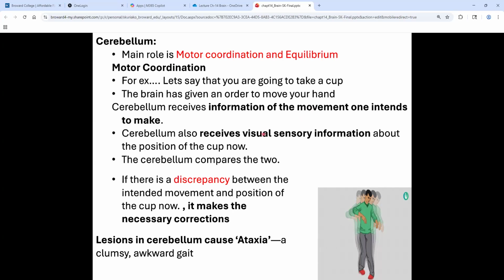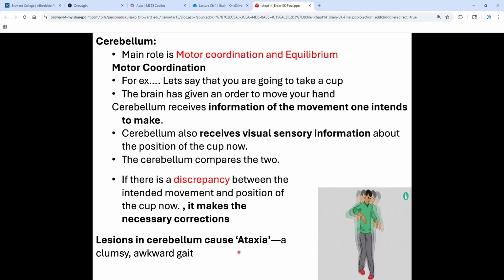It receives visual or any other impulse about the position of, here I'm saying the position of a cup, which I'm going to grab. The cerebellum will compare the two. If there's a discrepancy, it makes the necessary correction.